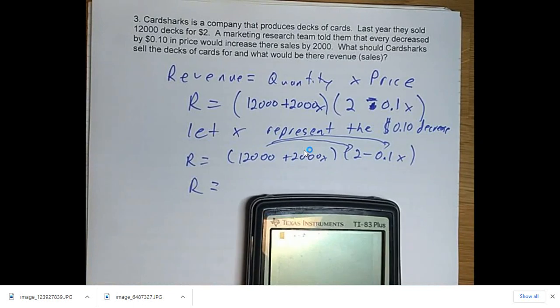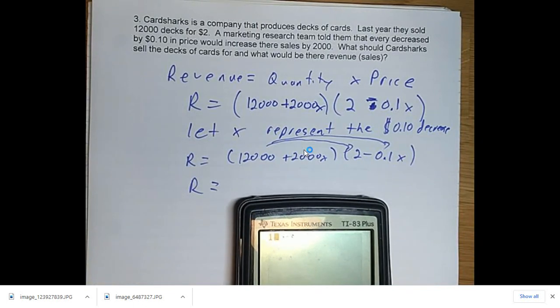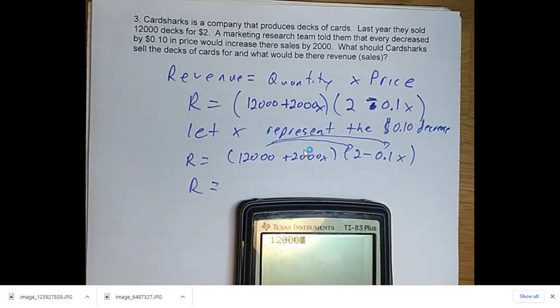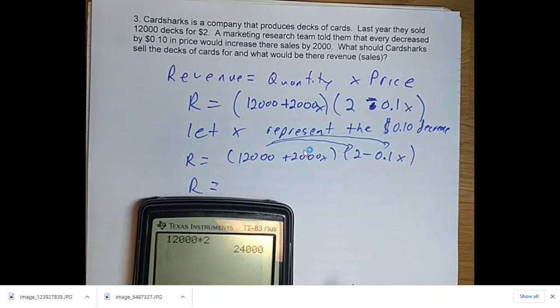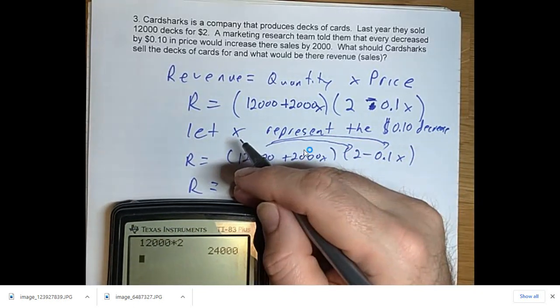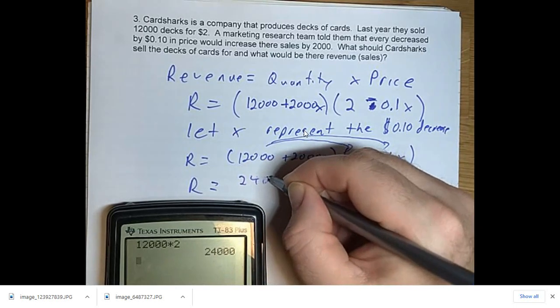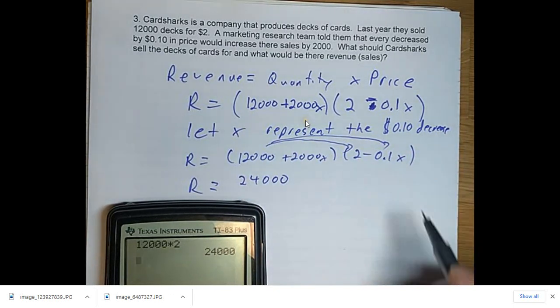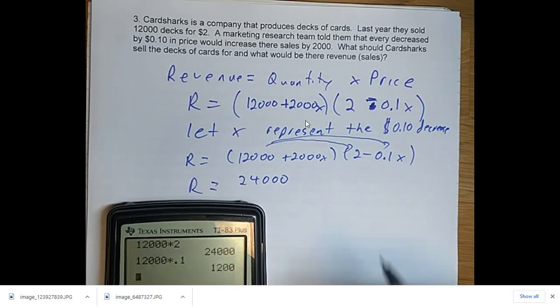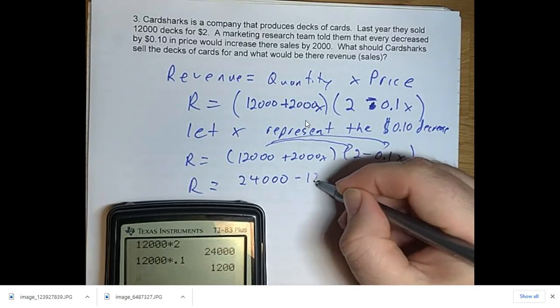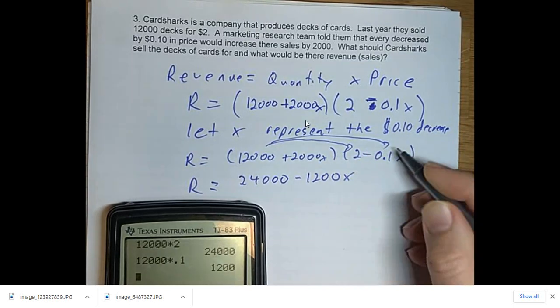So 12,000 times 2, huge number, 24,000. And then I'm going to multiply 12,000 times 0.1, and I get 1,200, but negative because of the negative sign.